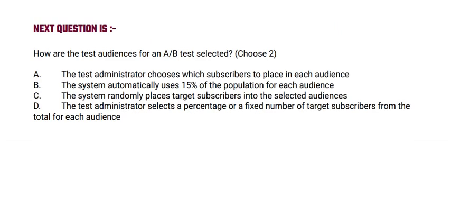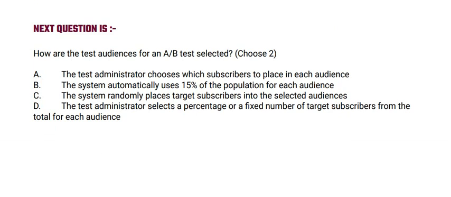Next question is, how are the test audiences for an A or B test selected? Choose two options, and the options are option A, the test administrator chooses which subscriber to place in each audience. Option B, the system automatically uses 15% of the population for each audience.